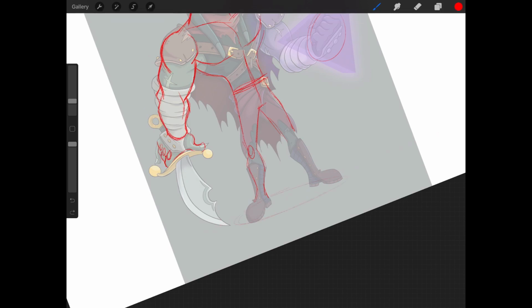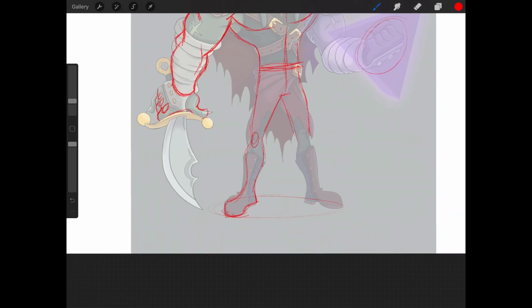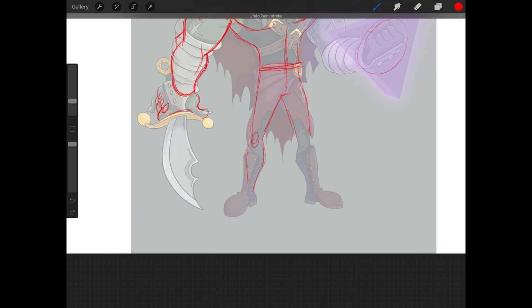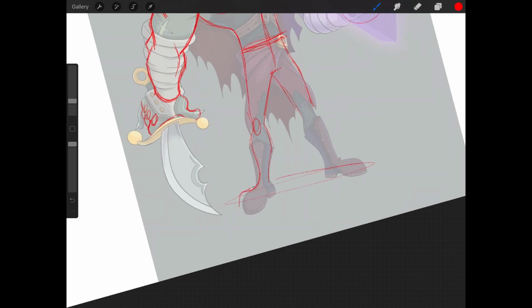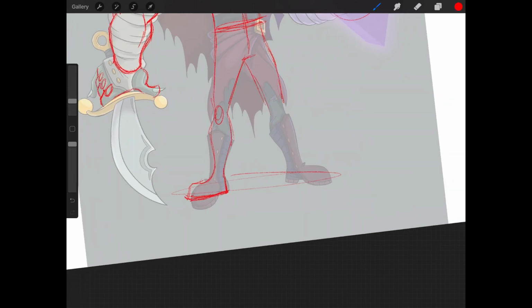Let's go with something that's a little bit more like that, in which case I would recommend trying to get a little bit more of where that ground actually is in there. In fact, I wouldn't even go with that. I'd probably flatten it out a little bit more and have him just a little bit more firmly planted so that we can see how strong his stance is.